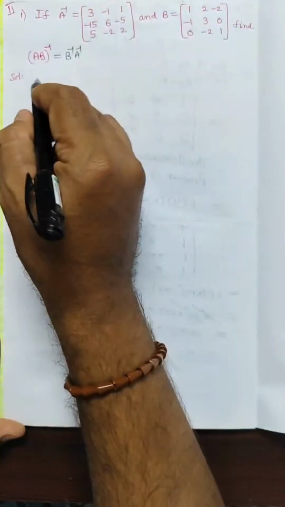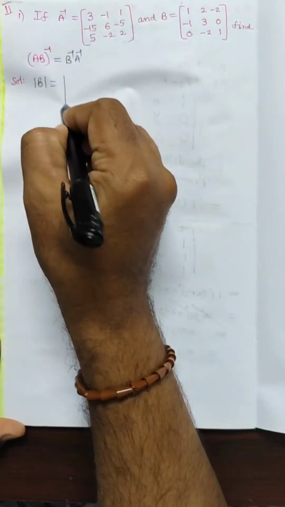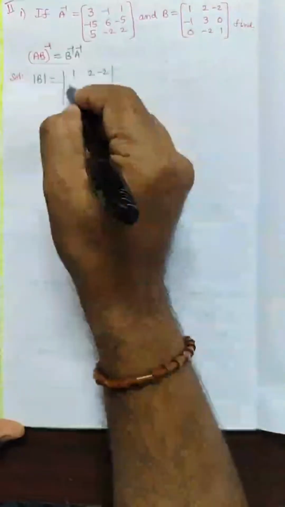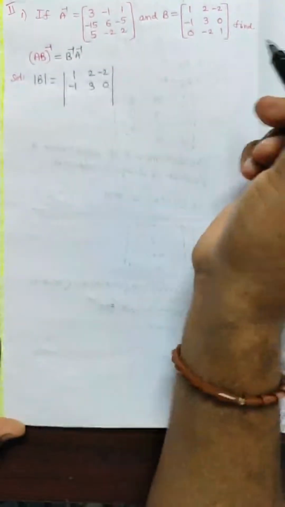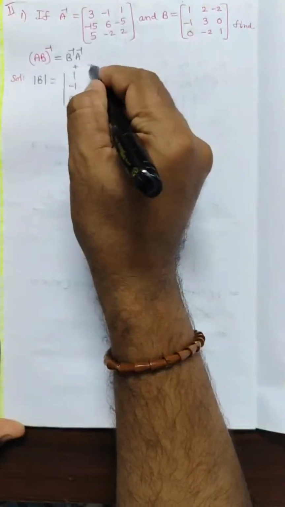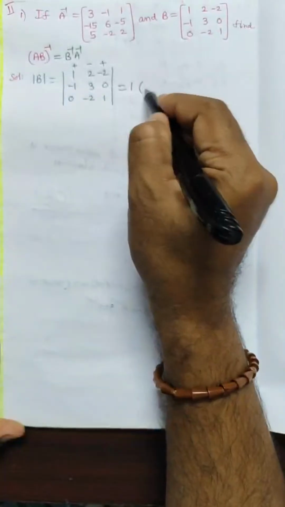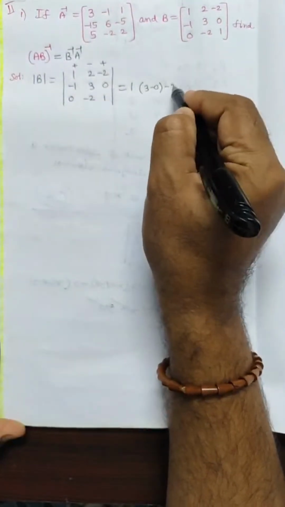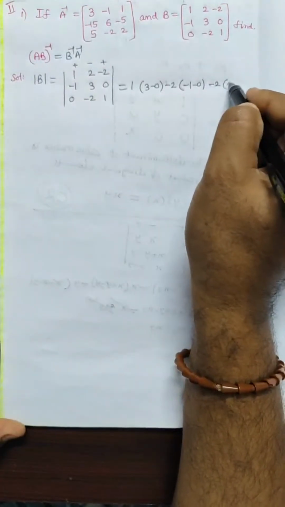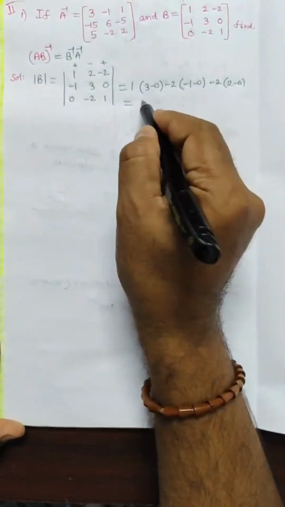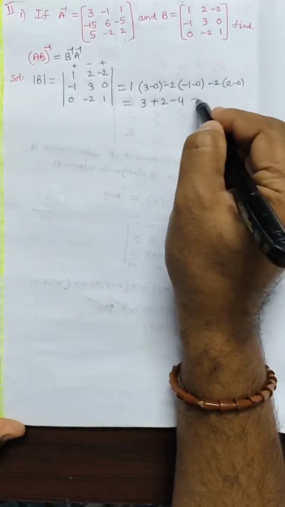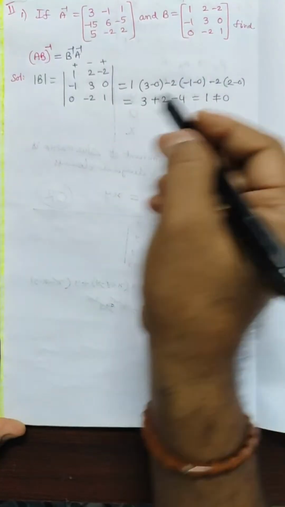So determinant of B is equal to, B matrix we are writing: 1, 2, minus 2, minus 1, 3, 0, 0, minus 2, 1. 1 into 3 minus 0, minus 2 into minus 1 minus 0, minus 2 into 2 minus 0. 3 plus 2 minus 4, which is equal to 1, not equal to 0.